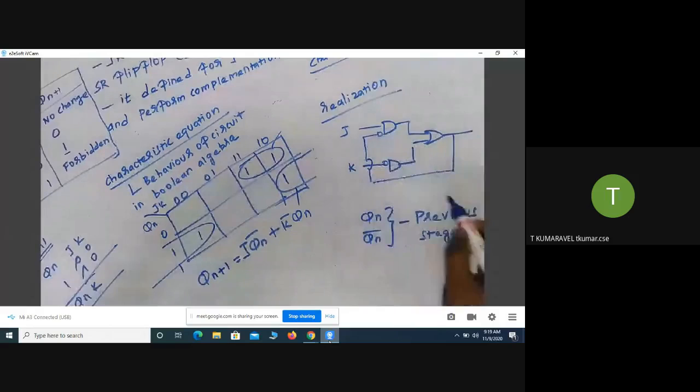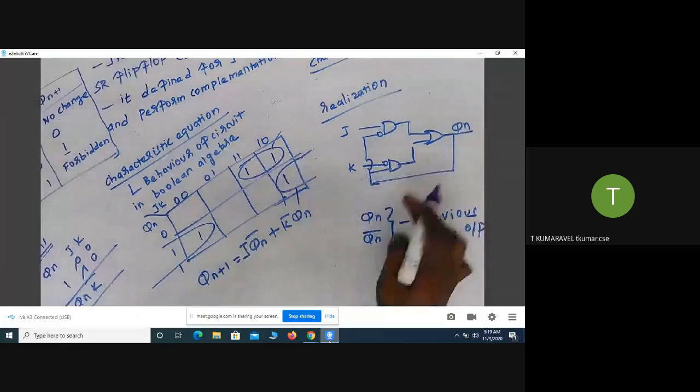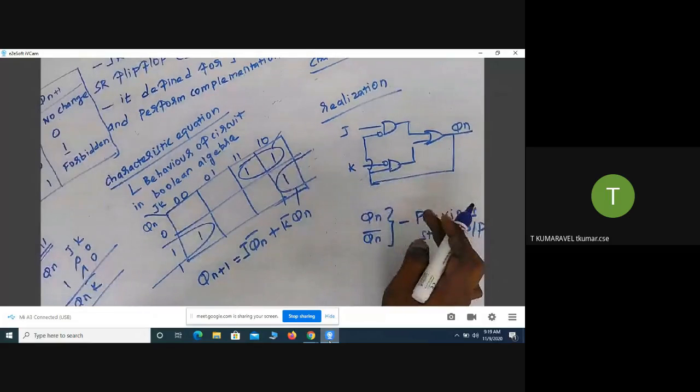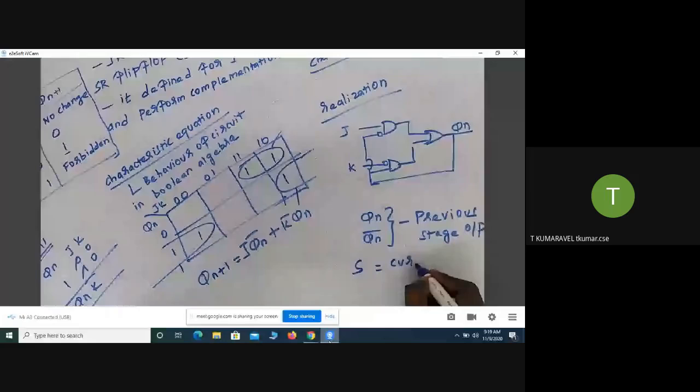This is called Q(n). Did you understand what I am trying to say? Q and Q bar are called the memory element, the previous stage output. Whenever you perform a sequential operation, the sequential circuit takes the current input, which is JK, and the previous output, which is Q and Q bar.